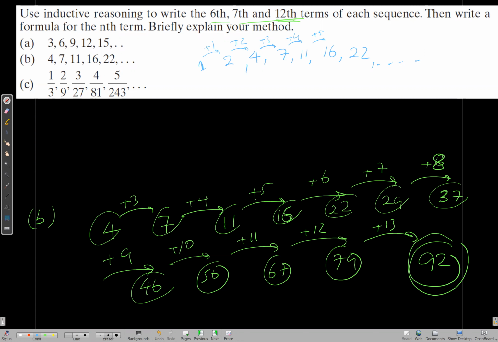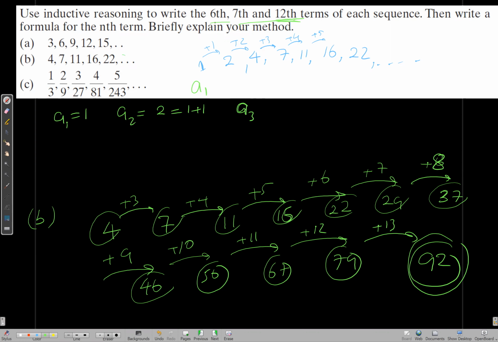Now, look at these numbers carefully. If I call this A1, let me write down: A1 is 1, and A2 is 2, which is 1 plus 1. A3 is the third term of our modified sequence.